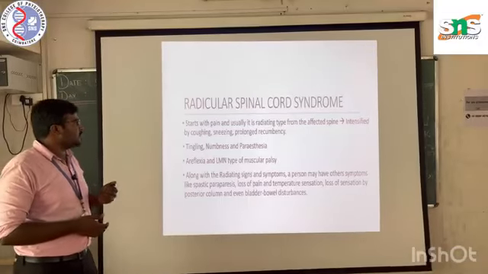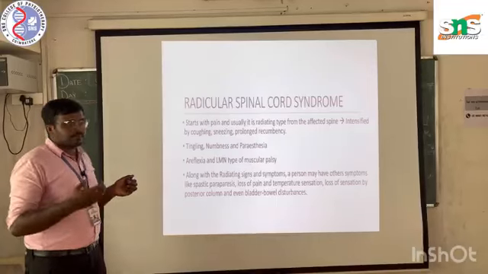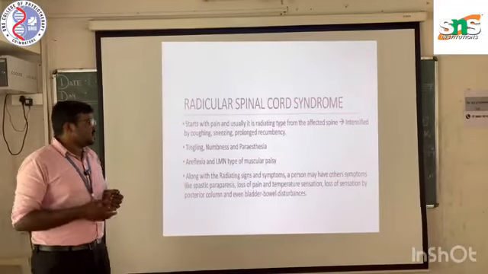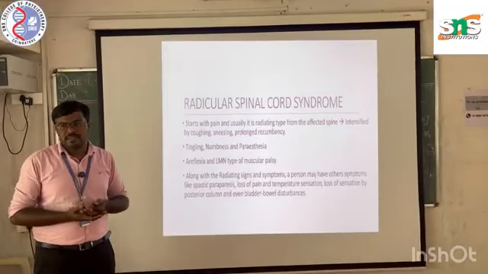In radicular spinal cord syndrome, the pain radiates through the affected spine, and it is aggravated by coughing, sneezing, or prolonged recumbency. These patients have tingling, numbness, paresthesia, and also areflexia.